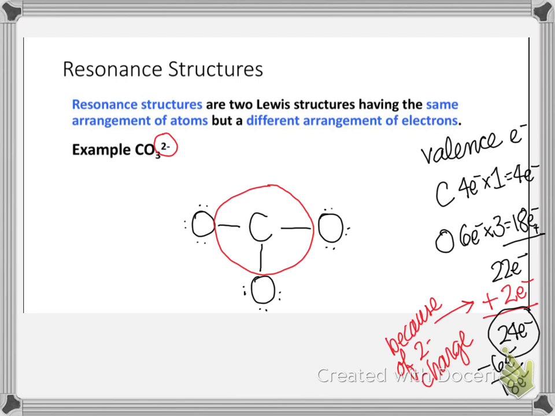So if you've added all the electrons and you go and check your central atom and it has less than 8, that means that you will need to create a multiple bond by moving one of the lone pairs on a periphery atom to a shared pair. Now here's where resonance for this structure comes in.